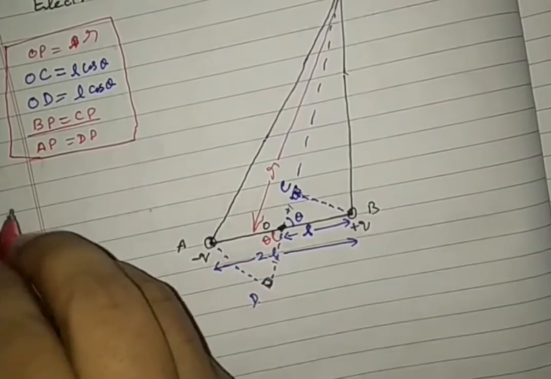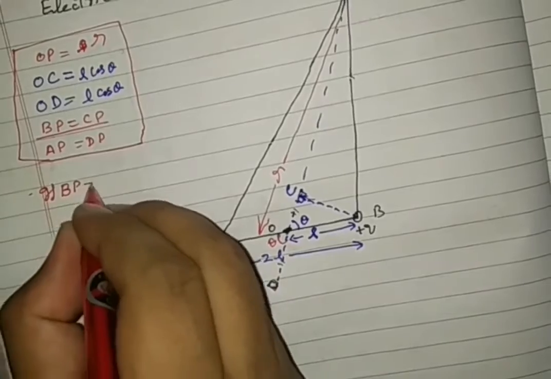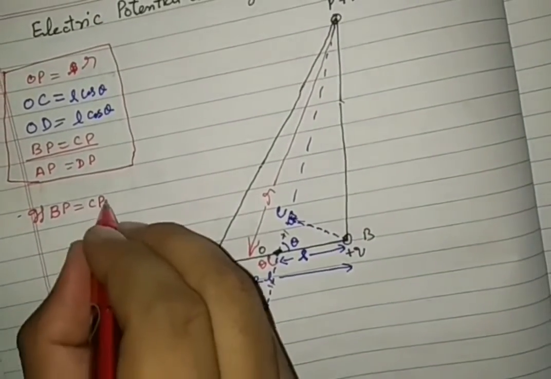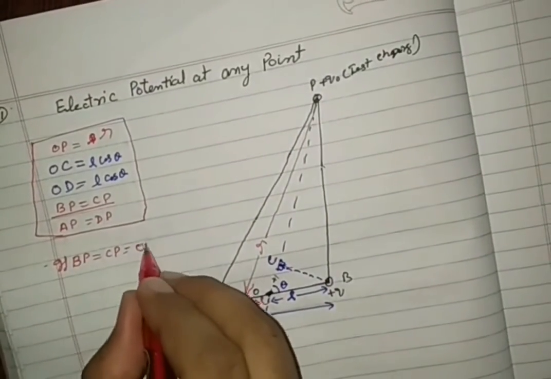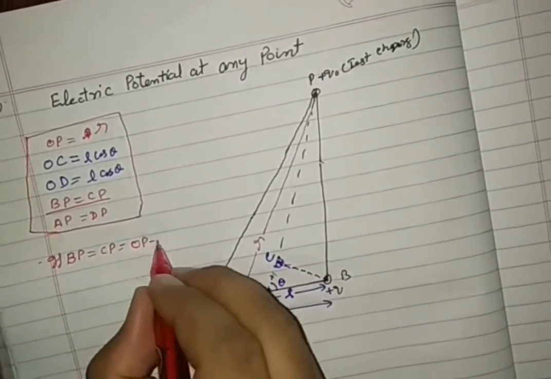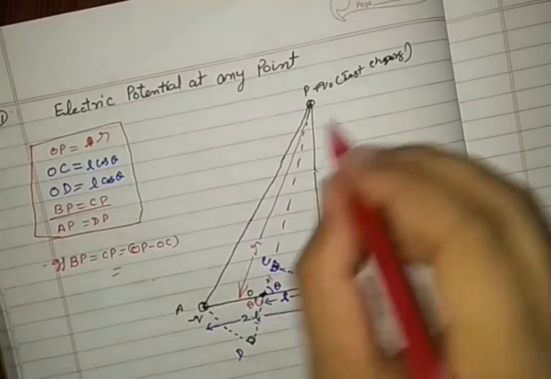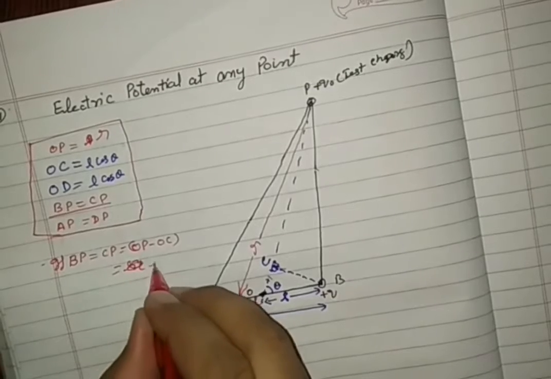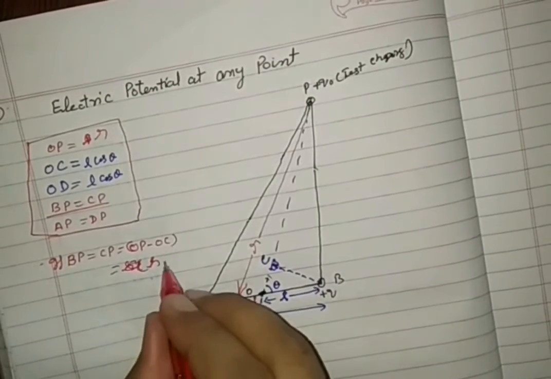See very carefully, if BP is equal to CP, then this CP is equal to OP minus OC. OP is R here, and OC is L cos theta.